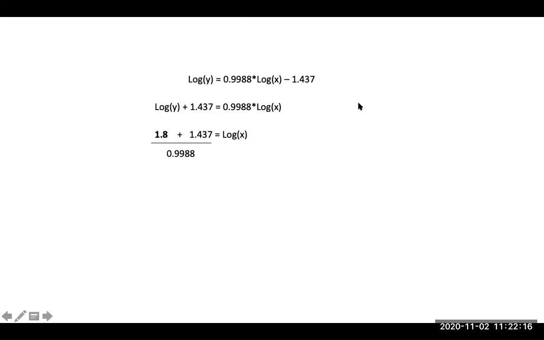For example, if the optical density measured for the well with the unknown sample in it was 1.8, then you could just plug that in for log y. 1.8 plus 1.437 divided by 0.9988, and that would give you the answer of 3.24 nanograms per microliter as the concentration of the unknown amount of protein.